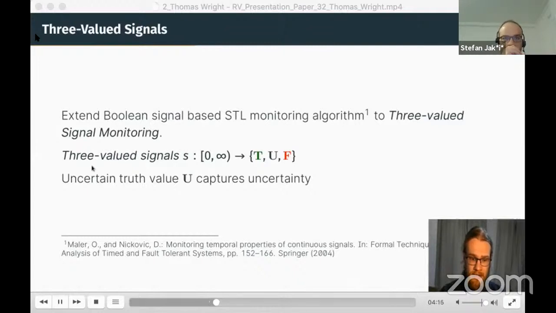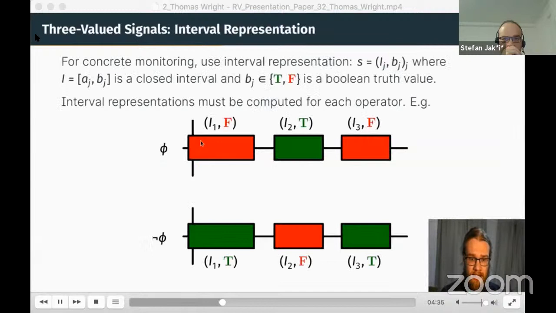We use three-valued signals which map each time point to either true or false, or also the third possibility, uncertain, where we do not have enough knowledge to either refute or verify the proposition. These are represented by a number of intervals and Boolean values of the signal on each of these intervals, and we assume all the gaps in between are unknown.